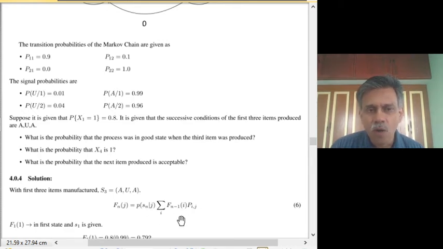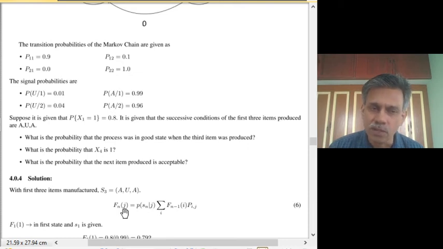And what we are trying to do is figure out, in the second time, the probability that you will be, let us say for J equal to 1, in the state 1 and produced an unacceptable 1. So if you want to be in state 1 in time 2, there are two ways it can happen.